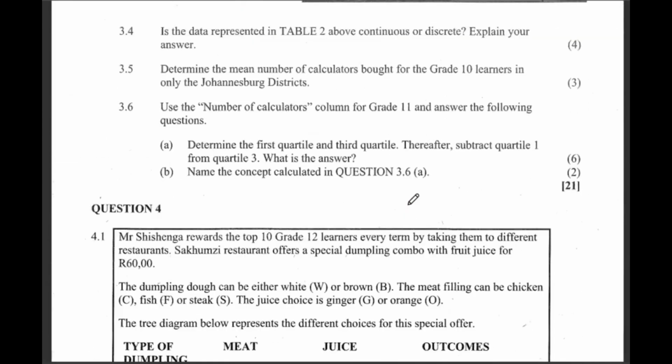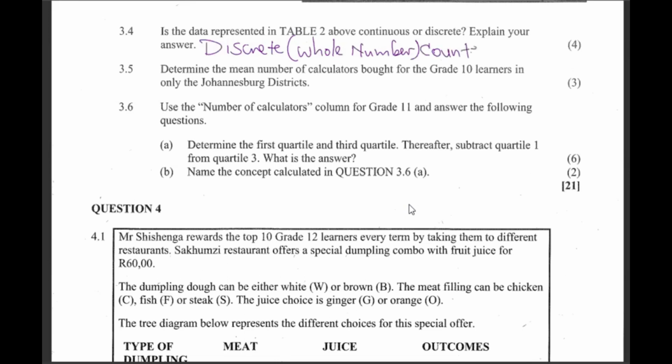3.4. Is the data represented in the table above continuous or discrete? Explain your answer. Now, when does data become continuous or when does it become discrete? What I want you to learn today is that discrete data is whole numbers, or it can be counted.